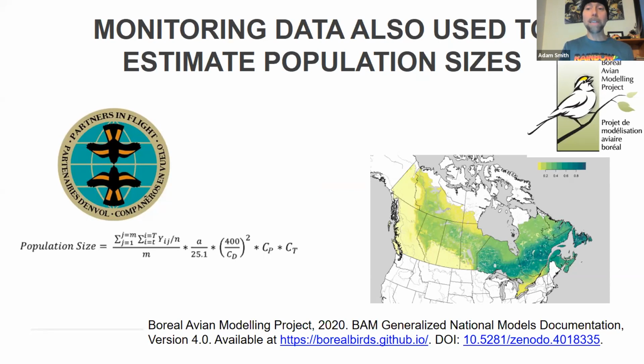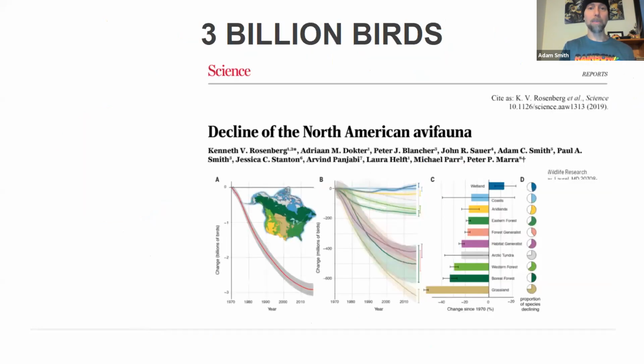More recently, there's been lots of really neat work going on in Alberta and in Canada, the Boreal Avian Modeling Project, generating almost national scale density estimates for many species of birds. I'm going to come back to that as well.